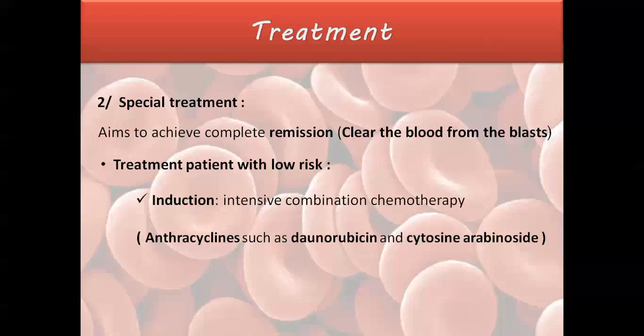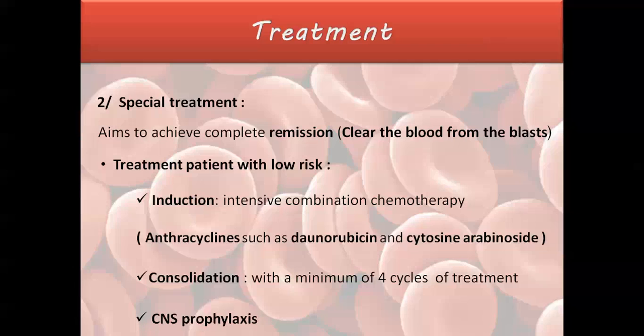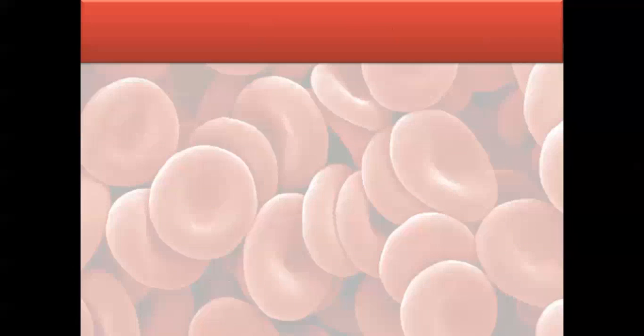Treatment of patients with low risk. First we have the induction, which is intensive combination chemotherapy, including drugs such as anthracyclines, which is daunorubicin, cytosine arabinoside. Then there is consolidation with a minimum of 5 cycles of treatment, and the last one is CNS prophylaxis.